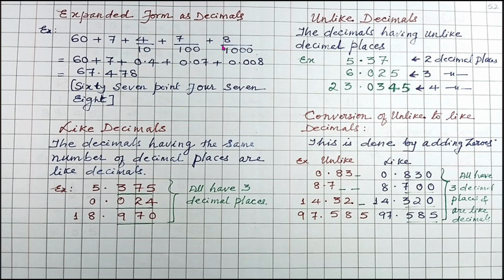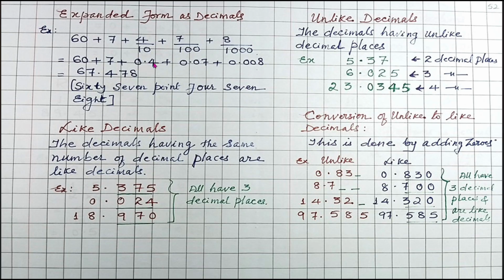Now we are given the expanded form, and we want to convert this into a decimal, that is, find the decimal value of it. 60 plus 7 plus 4 by 10 plus 7 by 100 plus 8 by 1000. 60 is 60 only, 7 is 7, 4 by 10 becomes 0.4, 7 by 100 is 0.07, and 8 by 1000 is 0.008.